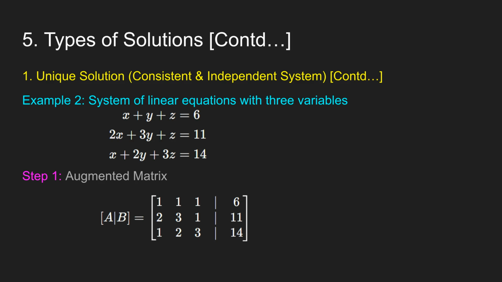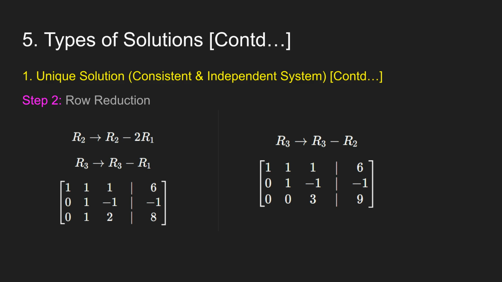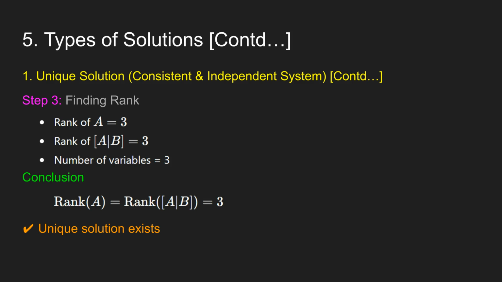To understand this even more clearly, let us consider another system of linear equations with three variables. The first step is to form the augmented matrix A bar B. In step 2, we apply row reduction operations to simplify the augmented matrix. In step 3, we find the rank of the matrices.